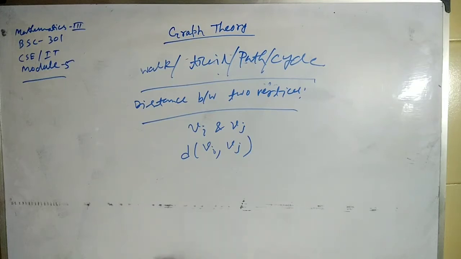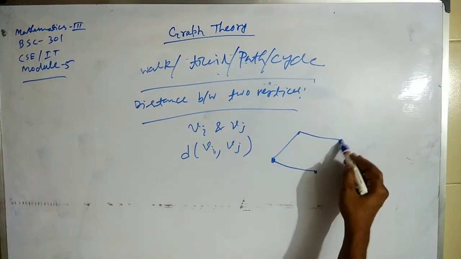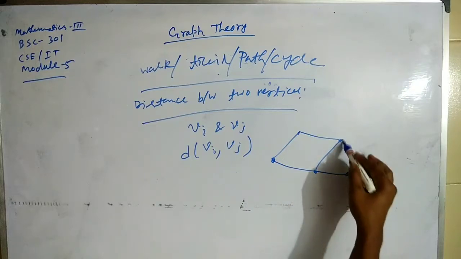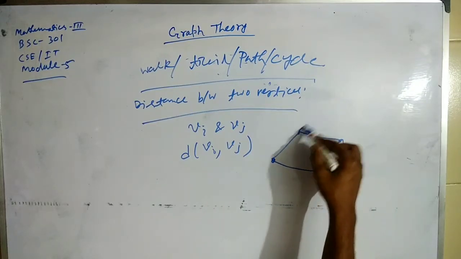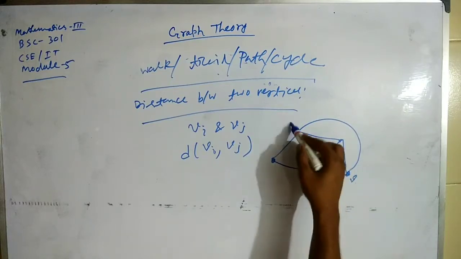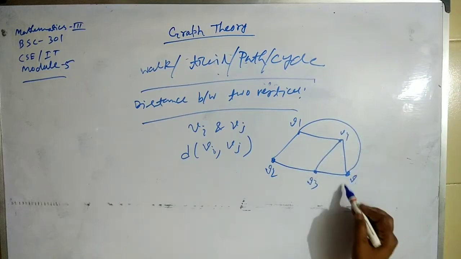In between two vertices there may be more than one path in a graph. I am giving you a short example. Suppose we have V1, V2, V3, V4, V5.